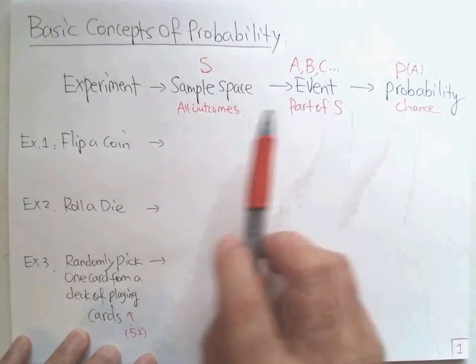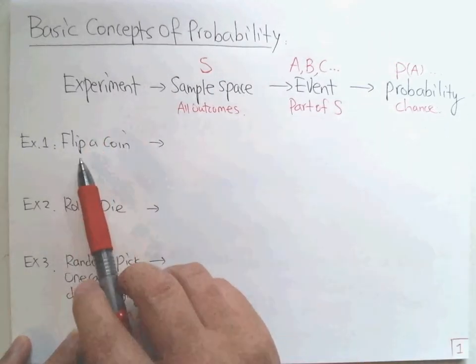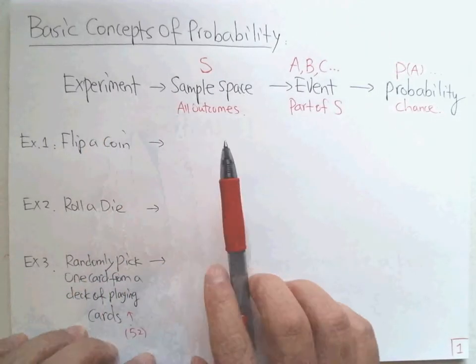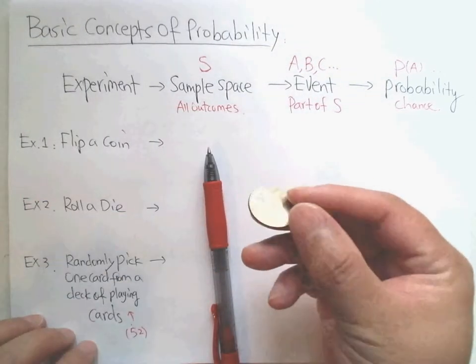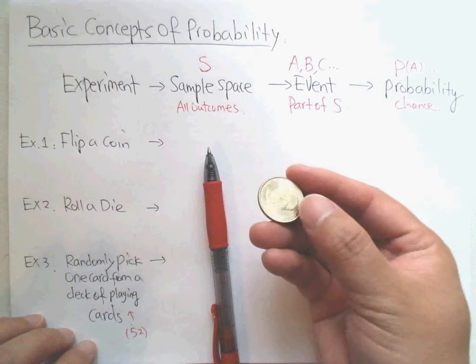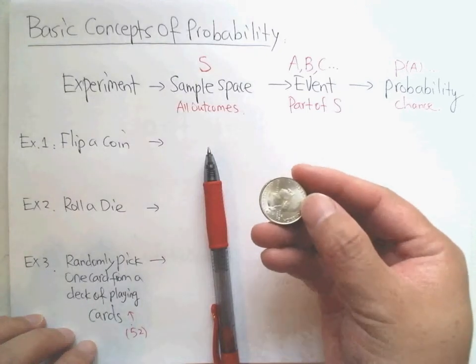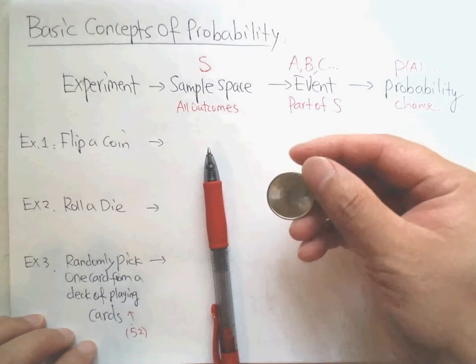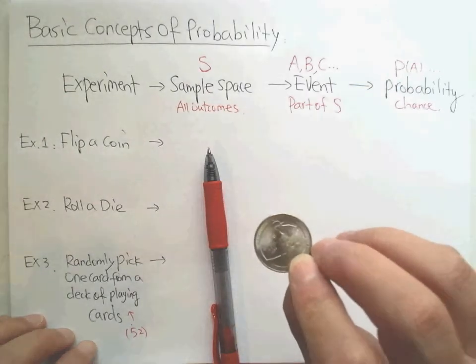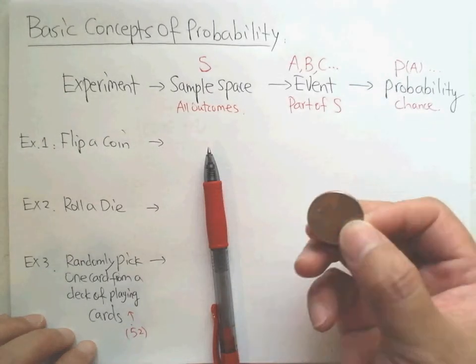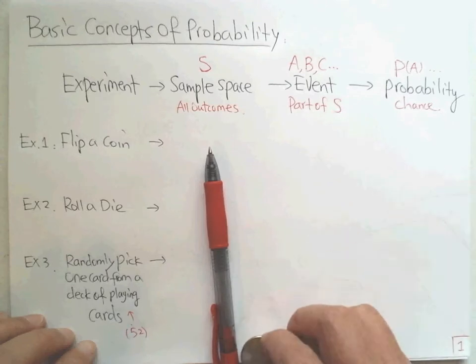First, we're going to flip a coin. Here's a coin, a quarter. Here I see George Washington, so we define this side as the head, and the other side as the tail. So we have 2 sides. When we flip, what is the sample space we can get?